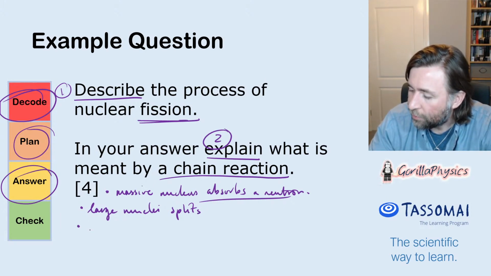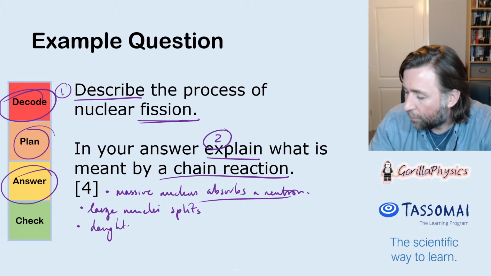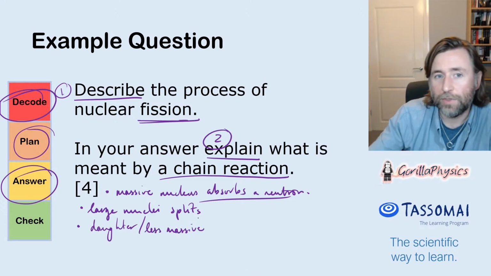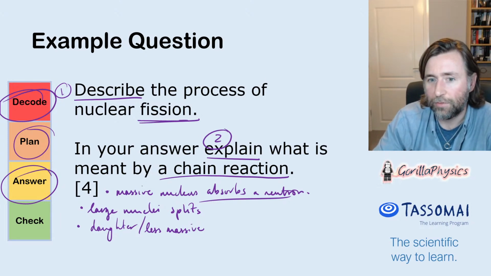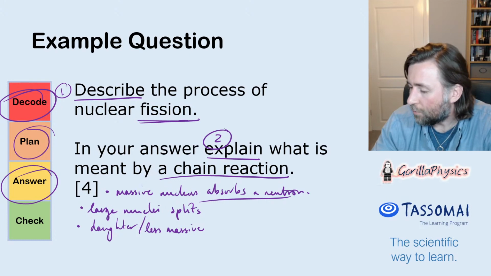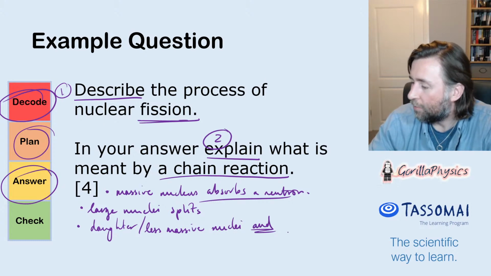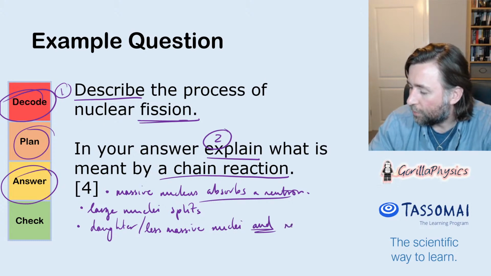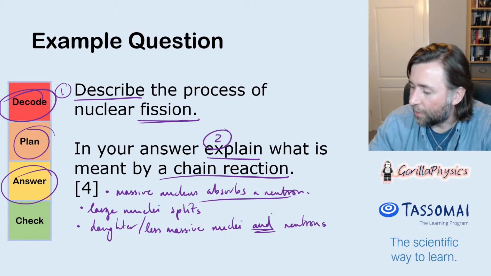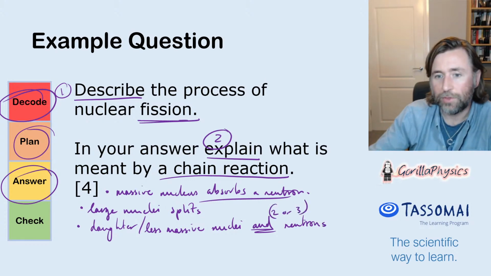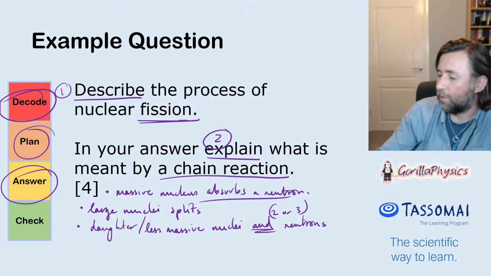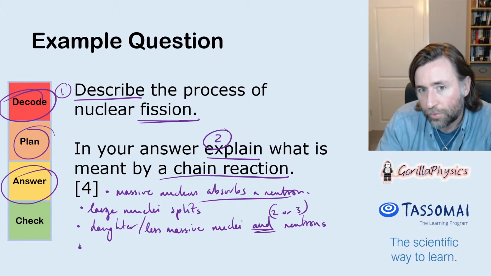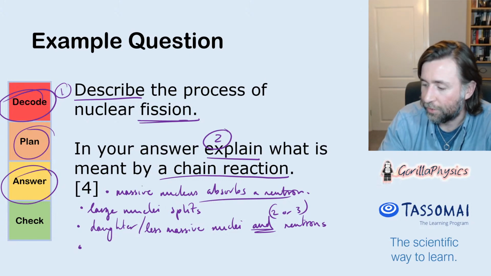What is left over, you get daughter nuclei, or smaller, less massive nuclei. Can you see how, because I've thought it through, I'm upgrading my language as I actually write. Daughter or less massive nuclei, and you need both things for this mark, and neutrons. We say 2 or 3 neutrons, but importantly you need to say we've got neutrons being released, and those neutrons go on to cause further fissions.